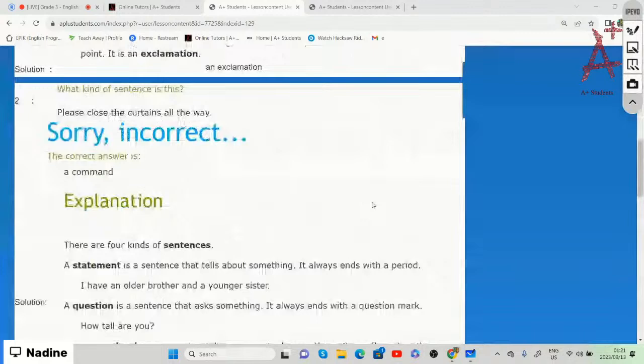All right. Please close the curtains all the way. We now need to say what kind of sentence this is. Is it a statement, a question, a command, or an exclamation?